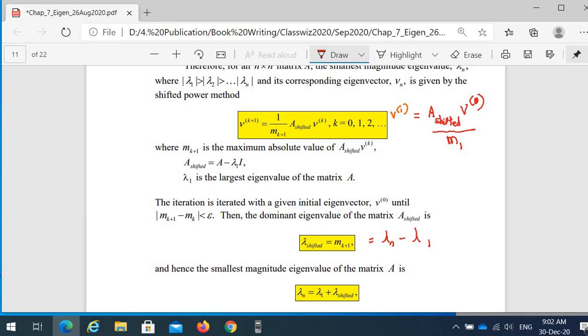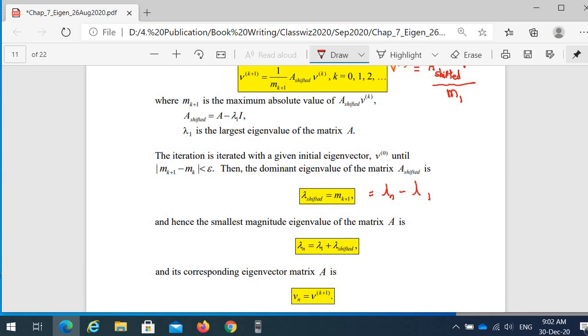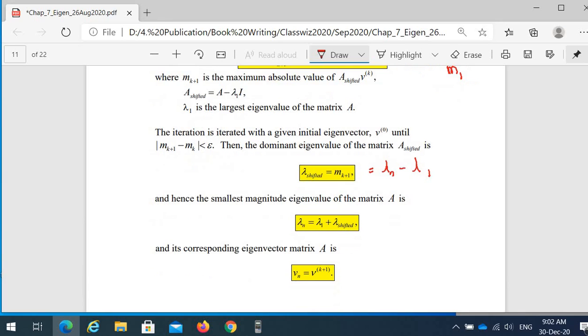Its corresponding eigenvector Vn is the last V(k+1).